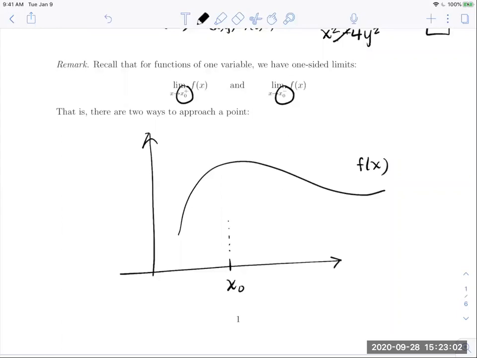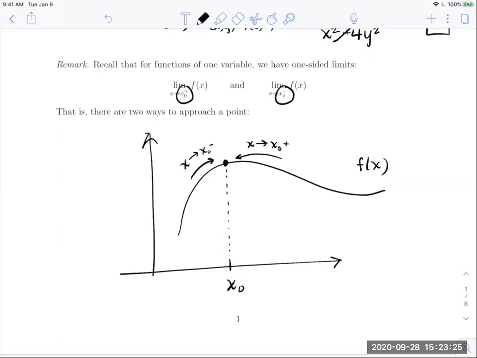And so if we map it up, here is the point on the function. If we come from the left, we have the limit as x approaches x naught from the left, or we can approach from this way, the limit as x approaches x naught from the right.